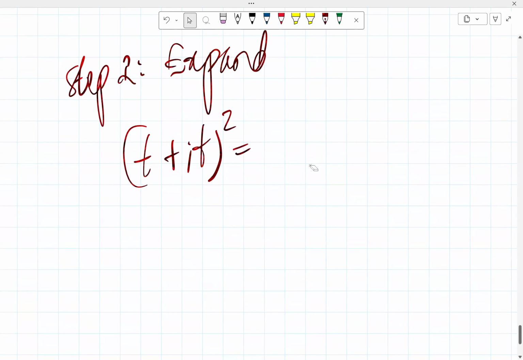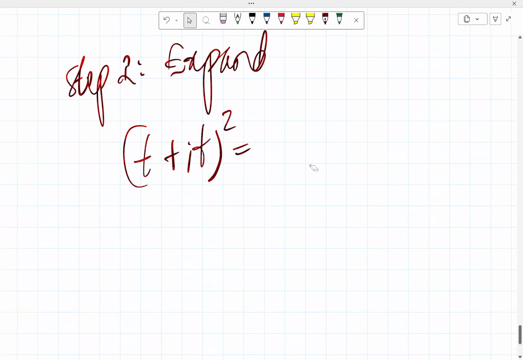So this is t squared plus 2i t cubed minus t to the power 4. That's all we have there. That's settled.